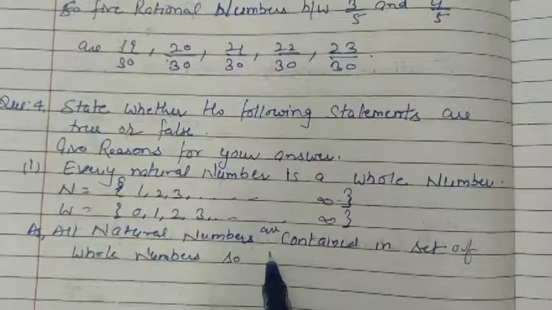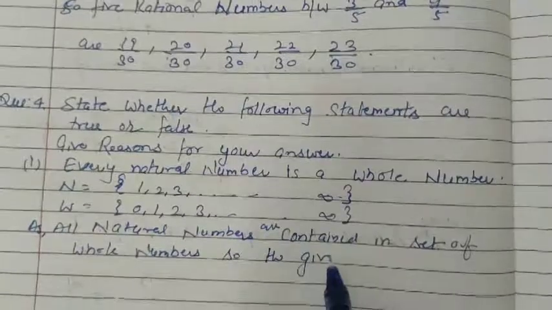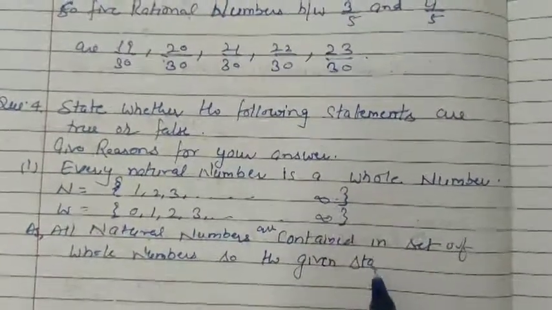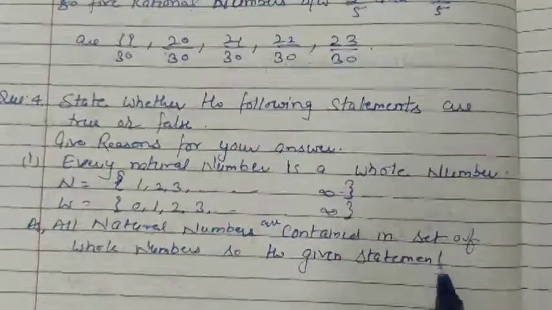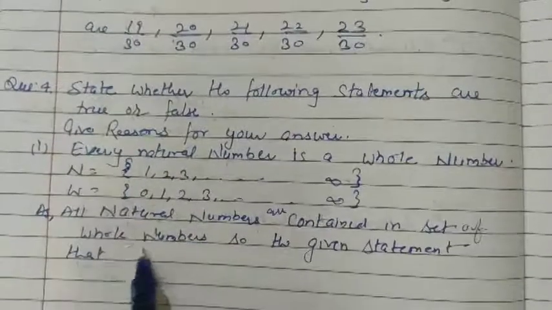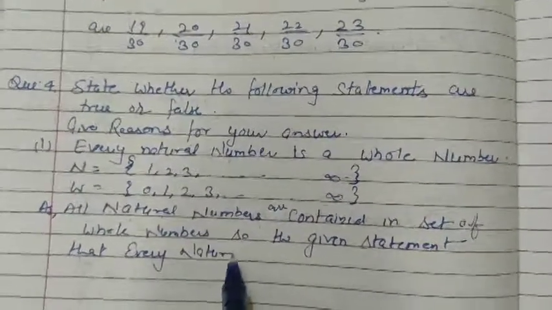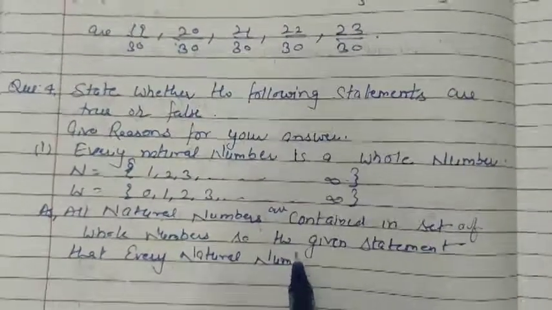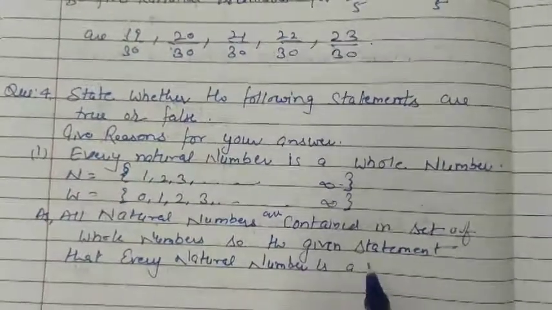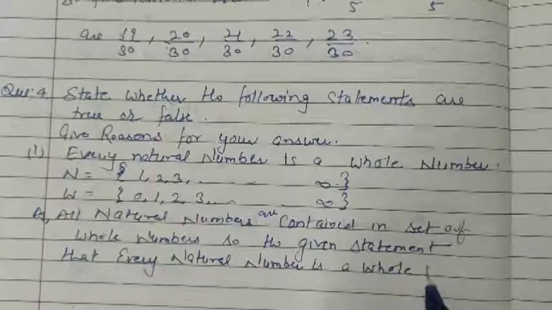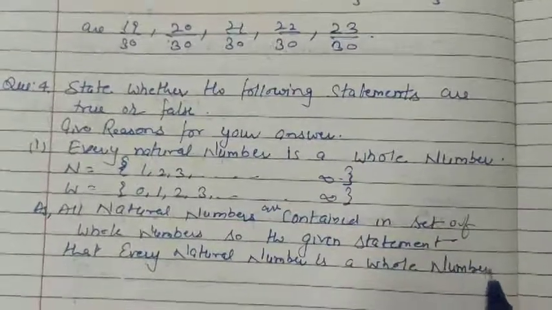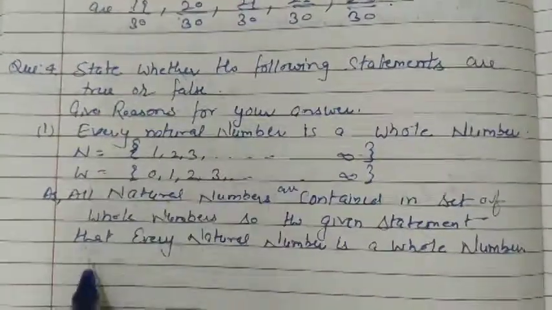So the given statement that every natural number is a whole number is true.